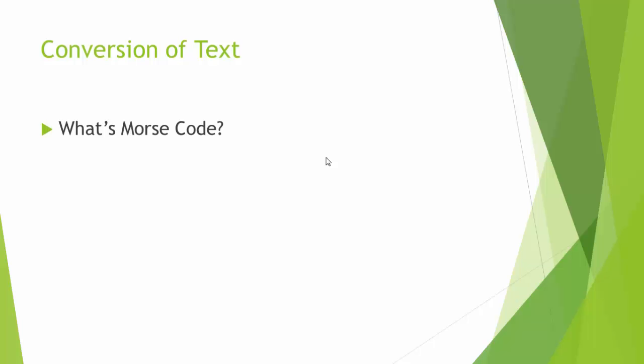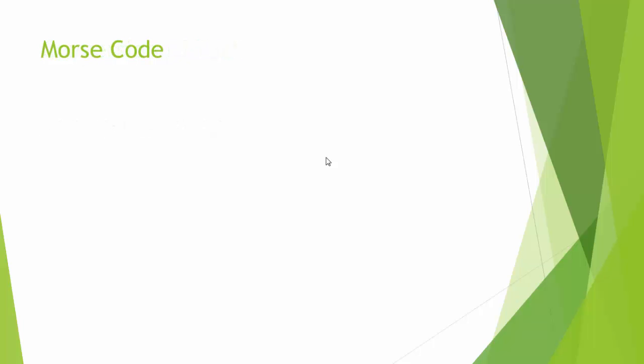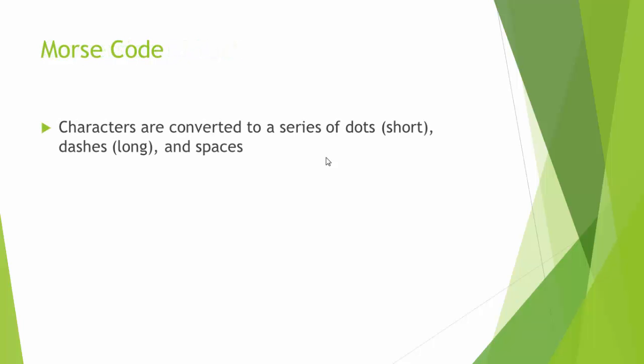So before we go any further, we can ask ourselves the question, are there other ways to encode text? And the answer is yes. You may have heard of Morse code before. In Morse code, characters are converted into a series of dots or dashes with spaces in between. For example, an S is 3 dots, an O is 3 dashes.